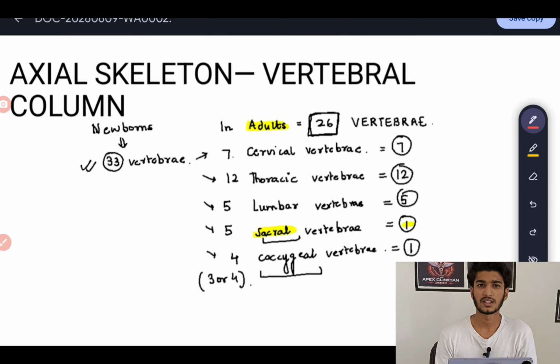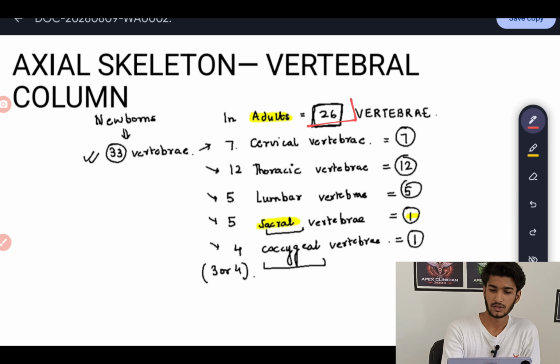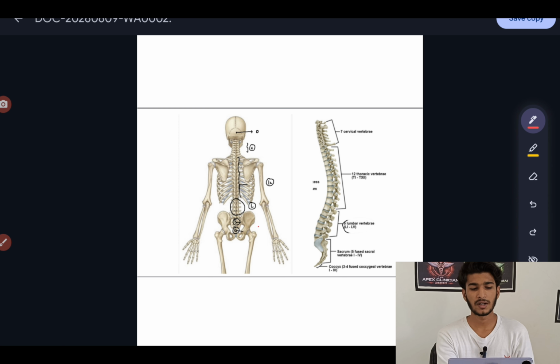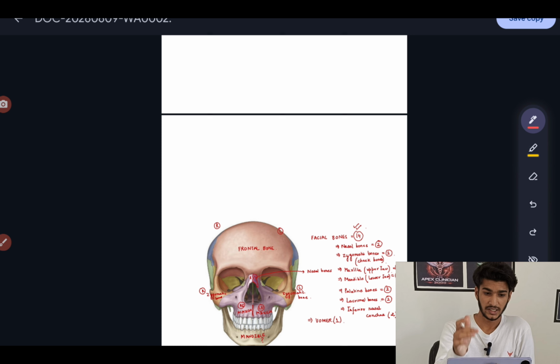So the adult human has 26 vertebrae. After that, we'll move on to the bones of the cranium and the facial structures, which we will learn in detail.